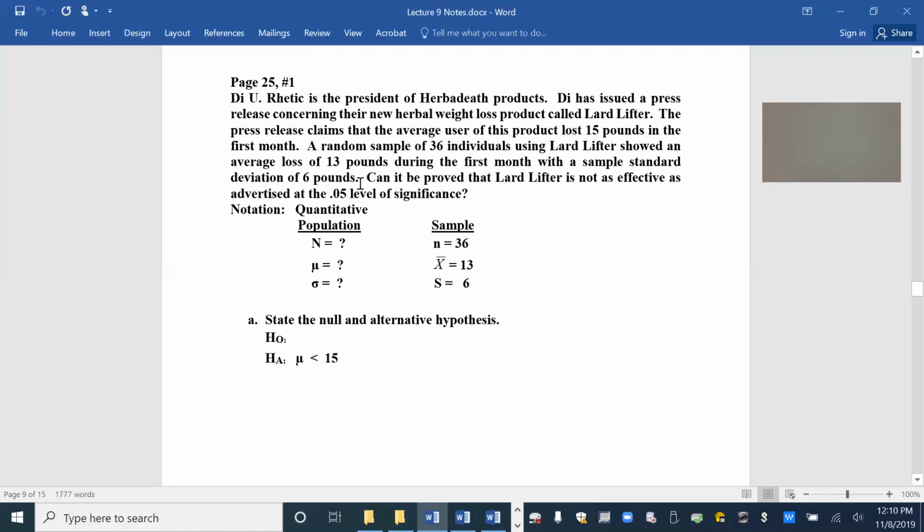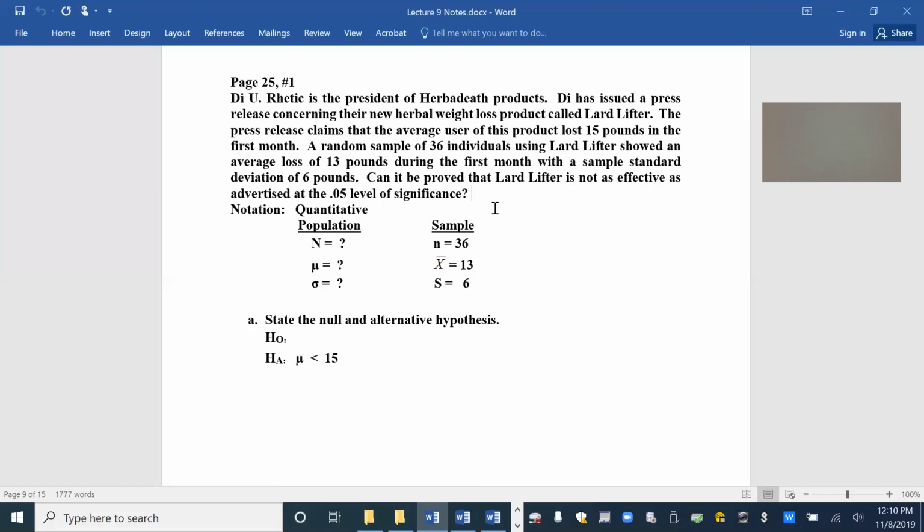We took a random sample of 36 individuals who were using this product, and we found that the average weight loss was 13 pounds during the first month, with a sample standard deviation of 6. Can it be proved that Lard Lifter is not as effective as advertised at the 0.01 level of significance? Can you prove that Lard Lifter is guilty of false advertising?